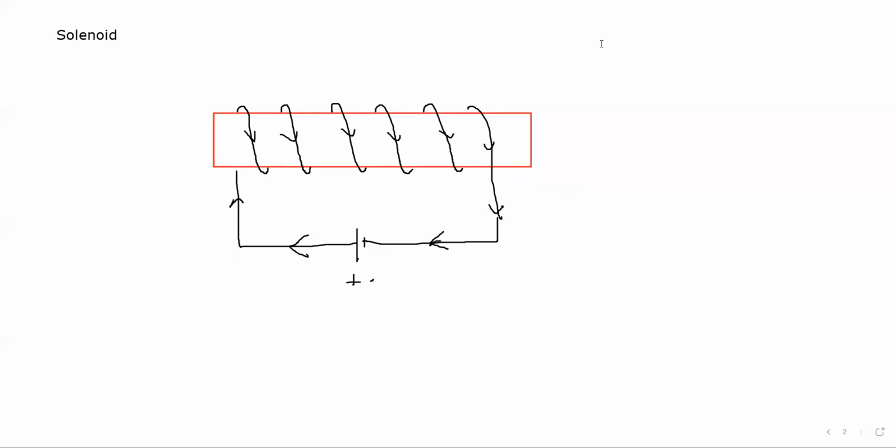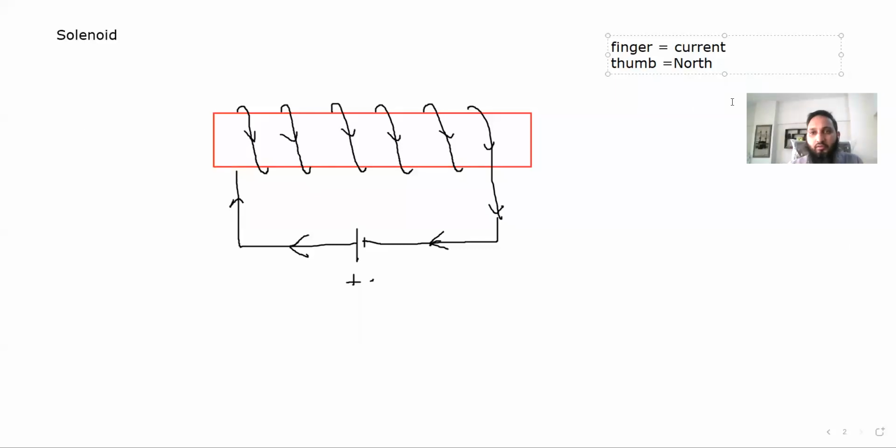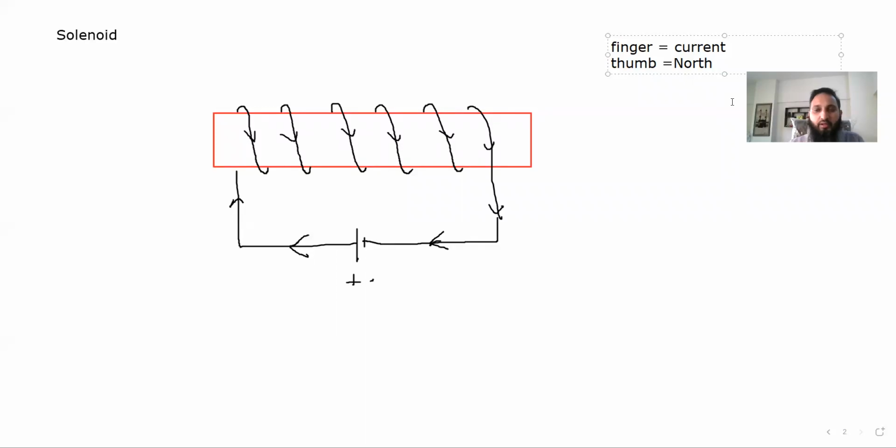For a solenoid, your fingers will turn in the direction of the current and your thumb will automatically point towards the north. So if I use the right hand grip rule here, my fingers will turn in the direction of the current, because it's a circular wire.